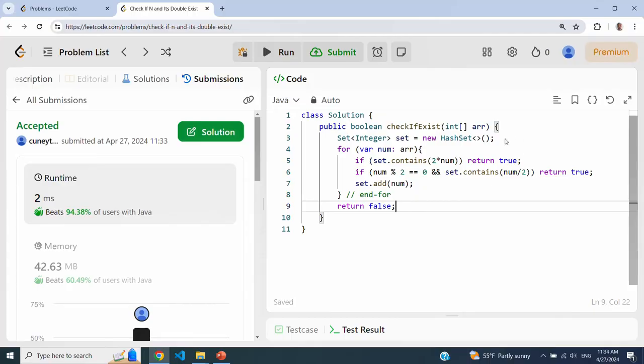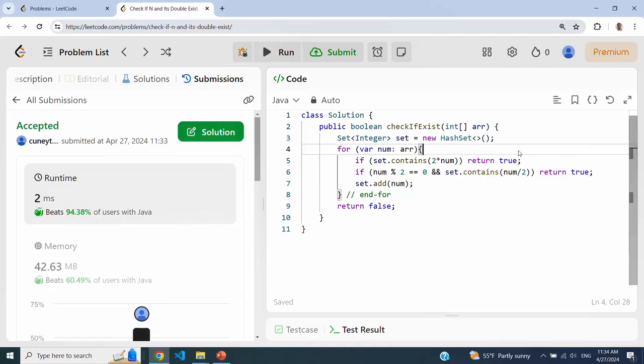Obviously, we are using extra space when you're using a hash set. So if the question asks you, can you implement this same question without using extra space, then there is an n log n solution. You have to first sort, and then again do the same thing. As you process the number, search if the double of the number exists in the array and half of the number exists in the array, which also takes log n time, because the array would be sorted.